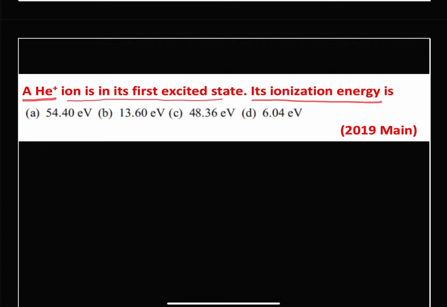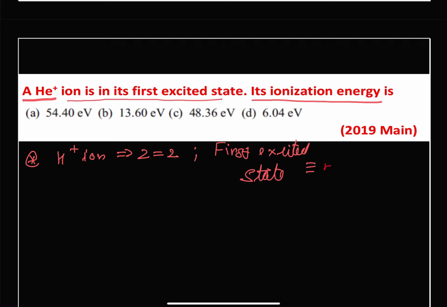So we are given that we have a helium positive ion, and from here the value of Z is equal to 2, and it is in first excited state, and this gives us that the value of N is equal to 2.